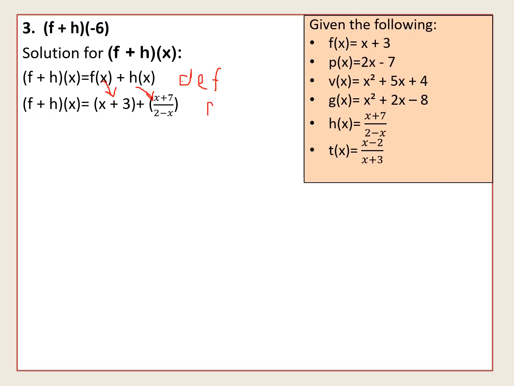Okay? Tapos, next naman, after nating ma-replace yan, that's the time na kailangan na natin i-perform yung operation. Okay? So, since we have here a binomial and a ratio, we're going to use this rule. Tama ba? Sabihin natin, gagamit ako ng ibang pen. Okay, sabihin natin that x plus 3 serves as A. Okay?